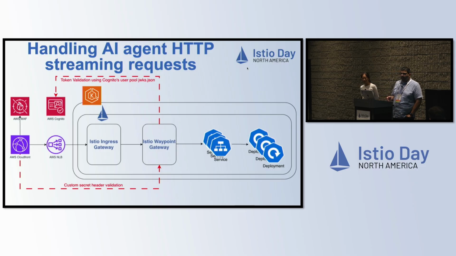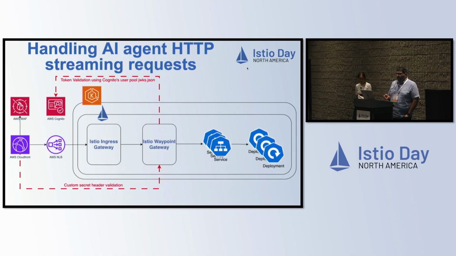So in order to handle that, and to also be able to make use of the authorization policies and authentications that are done by AWS Cognito, we use the built-in integration for Istio waypoints with the JWT providers and integrated that with the Cognito provider to drop the use of API Gateway.